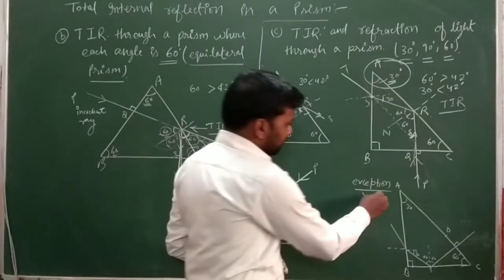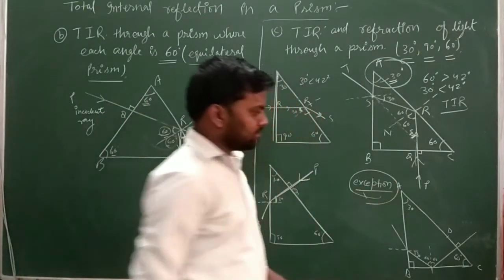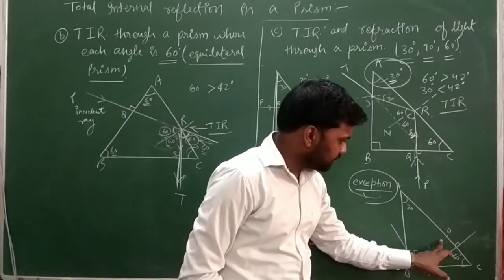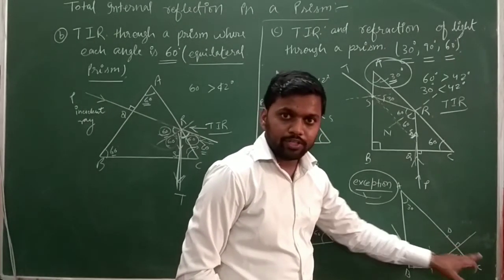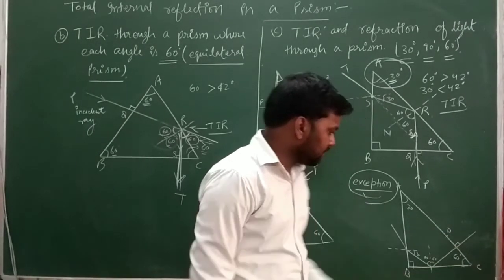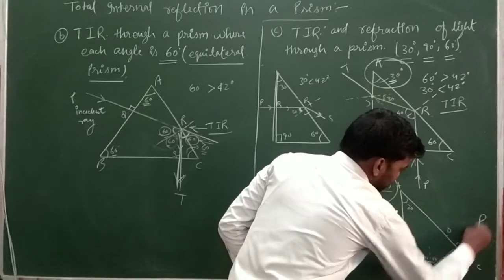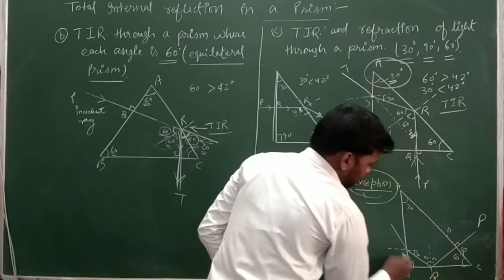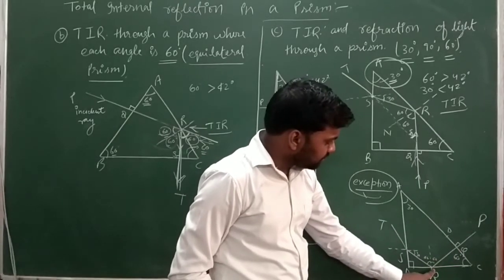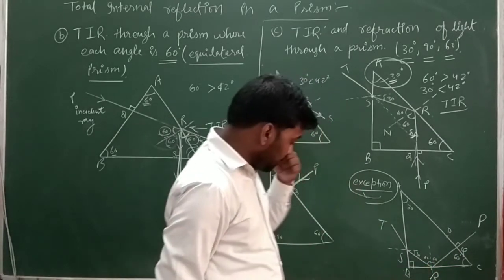But one exceptional case is here, that if we throw the light in the CD portion, that is, the light ray is coming in this path, suppose it is PQRST, it will make an angle 60 degree with the normal on this point.